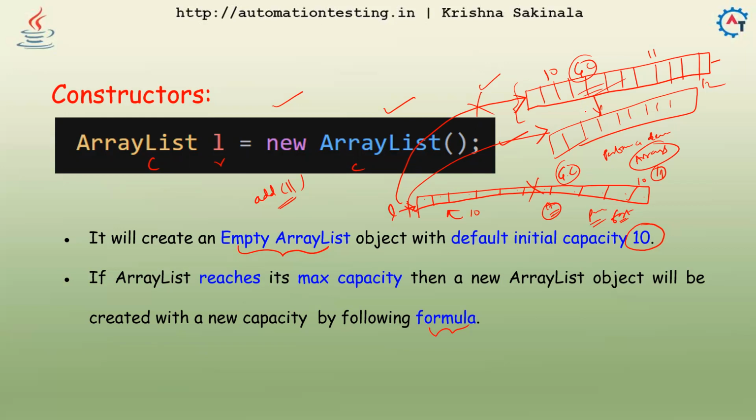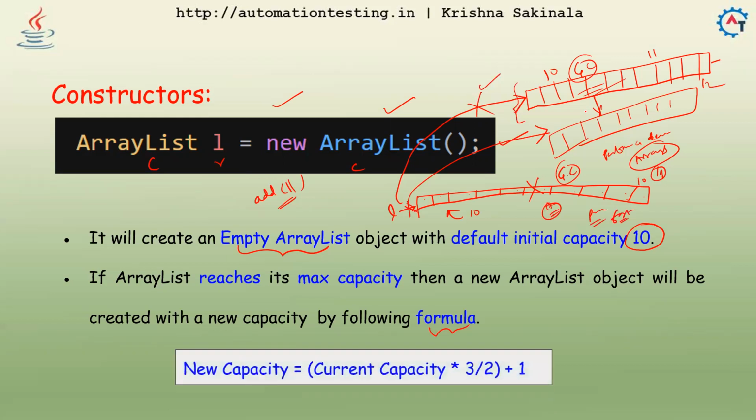So what is the formula for how the new capacity will work? The new capacity is current capacity into 3/2 plus 1. The moment you reach 10 and try to add the 11th, it is 10 into 3/2, which is 15, plus 1, so 16 elements.